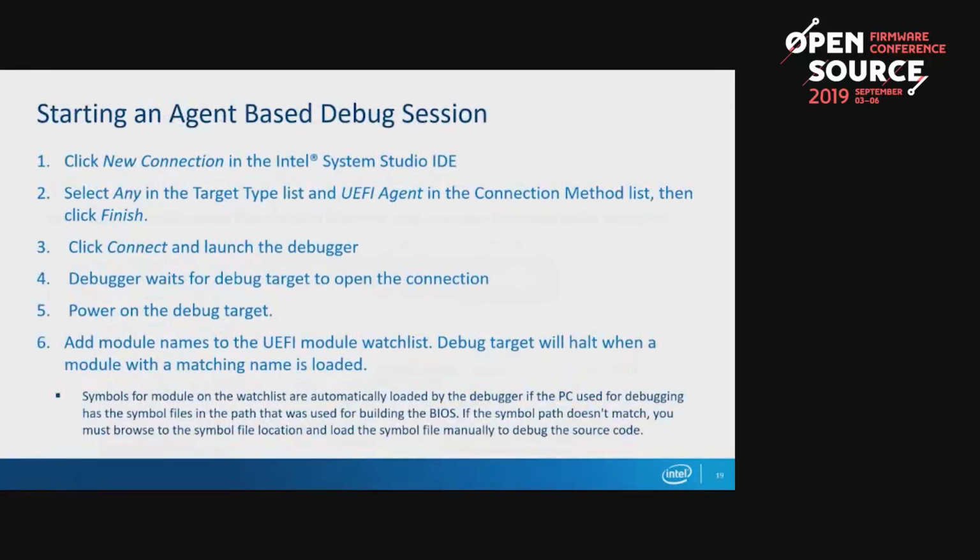So in order for you to start an agent-based debug session for UEFI, you select UEFI agent in the connection method, click connect, power on your target, and then you can add the names of the UEFI modules that you're interested in to the watch list. And the debug target will halt every time a module matching the name in the watch list is loaded. And you'll need to delete those breakpoints so you can see the subsequent ones.